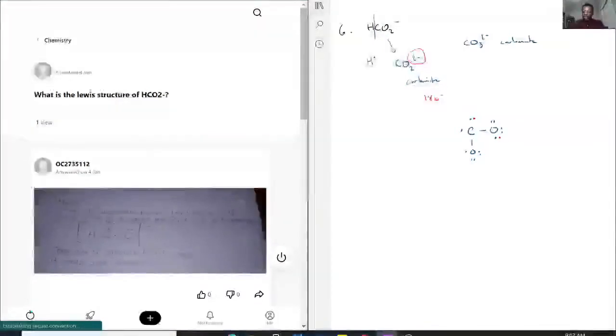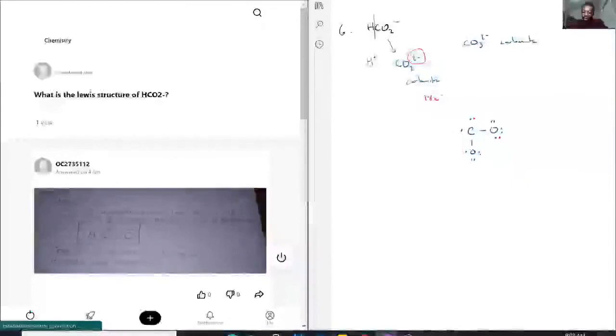So just to make sure, now we should have 18 electrons. Let's quickly count through the bonds, which have 4 electrons: 6 8 10 12 14 16 17 18. So perfect.